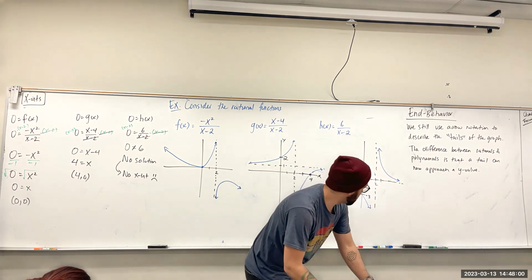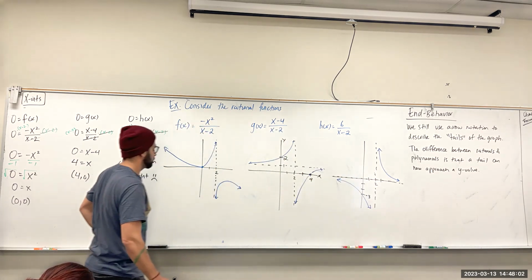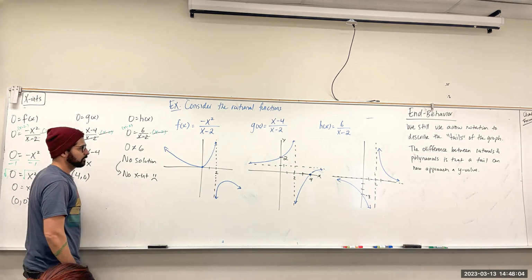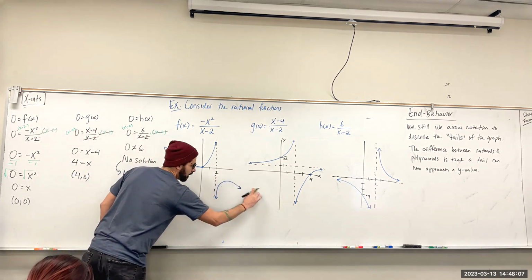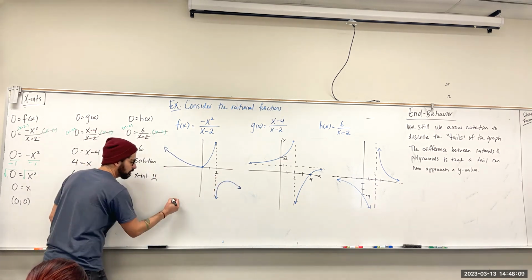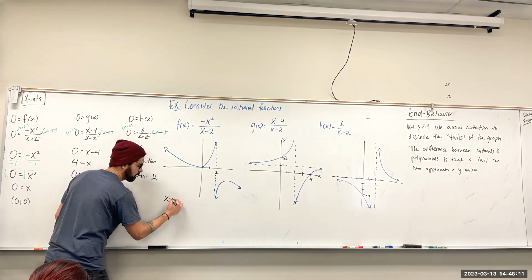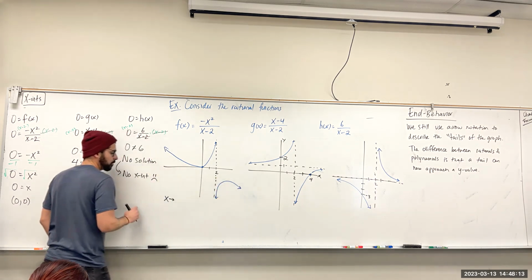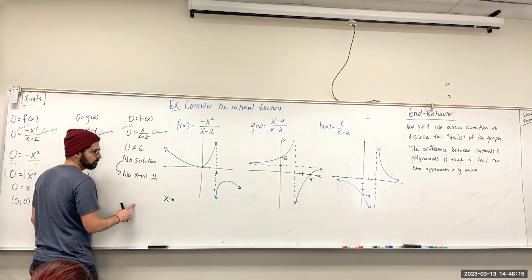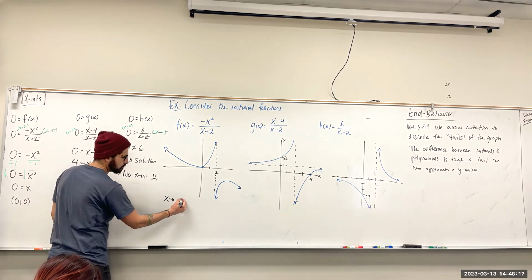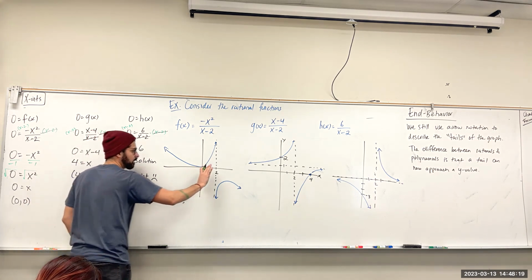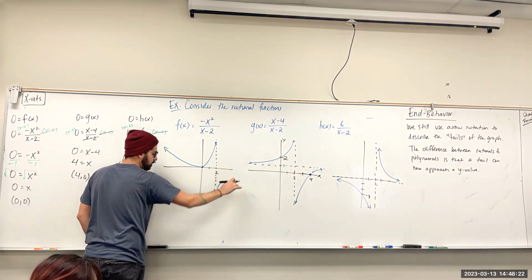And so let's practice that again. So let's say I want to describe this tail. We're going to start by describing it with x. If I want to describe this part, what are we going to say x approaches? Infinity. As x gets bigger, what are the y values doing?